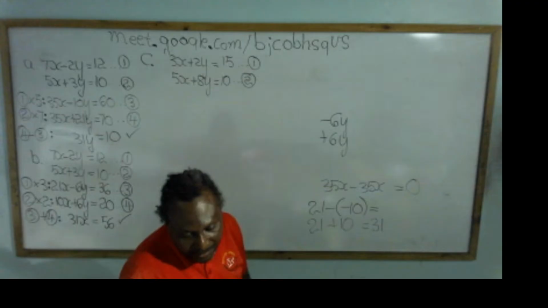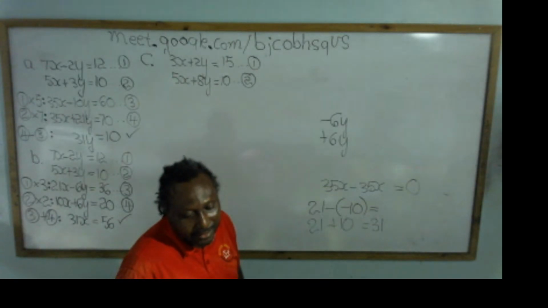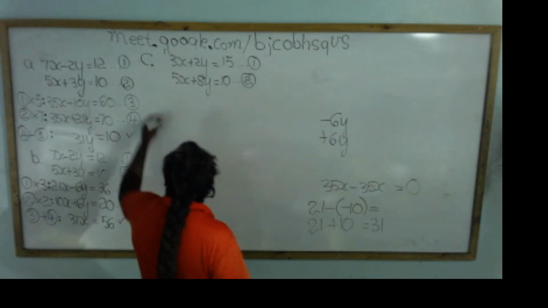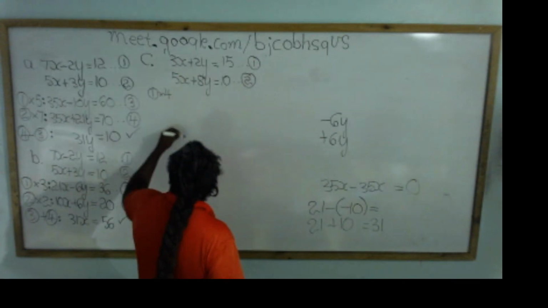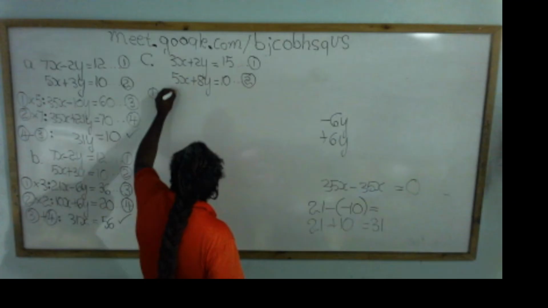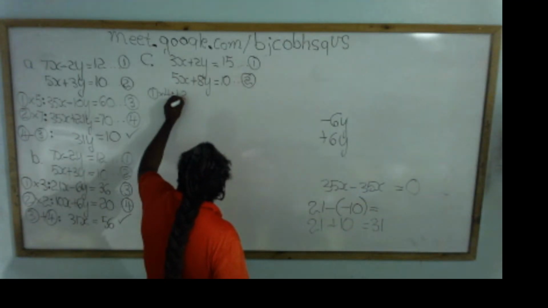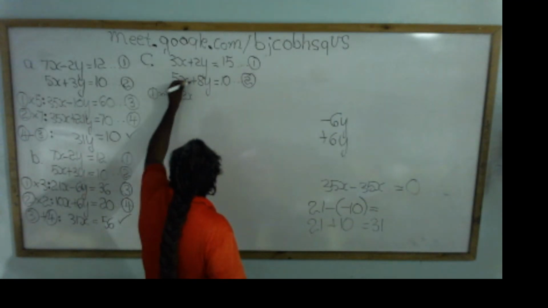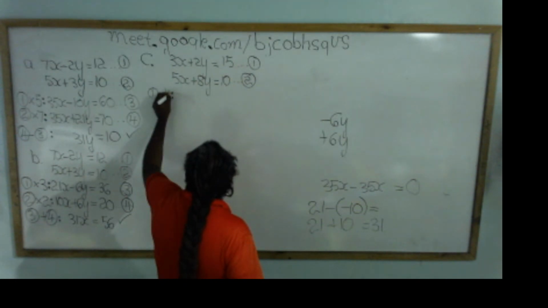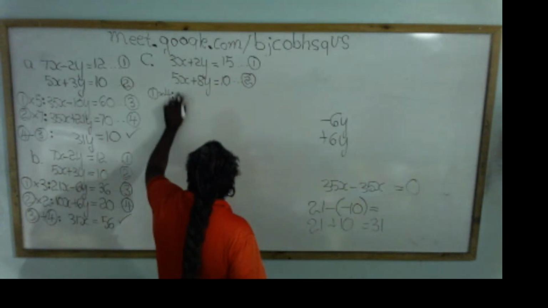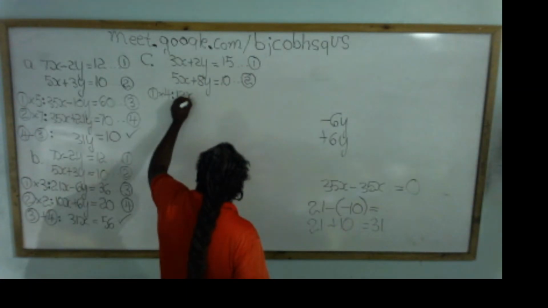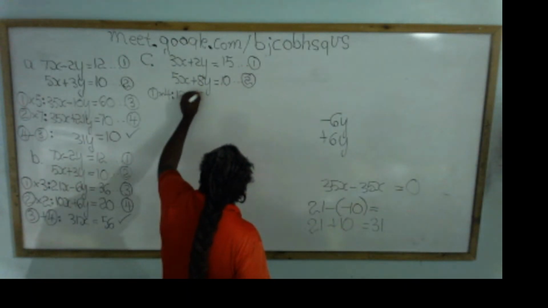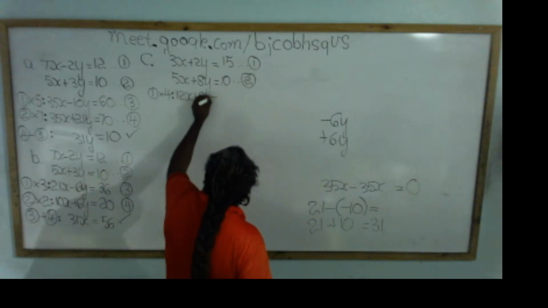But look at this and tell me if it will work. Equation 1 multiplied by 4, I get 12x plus 8y is equal to 60.